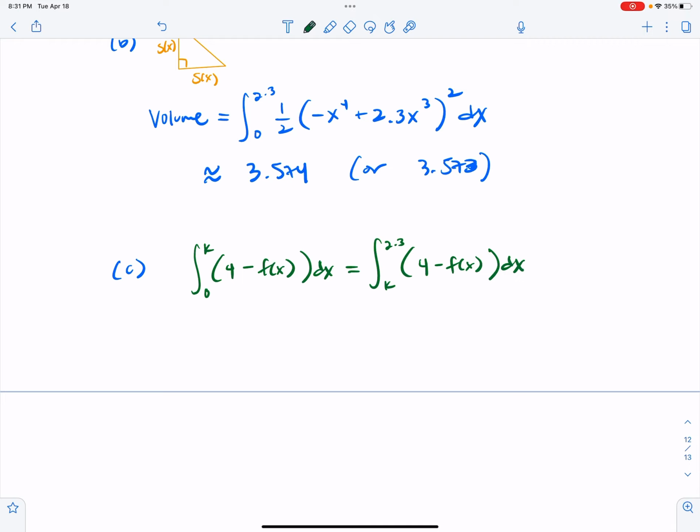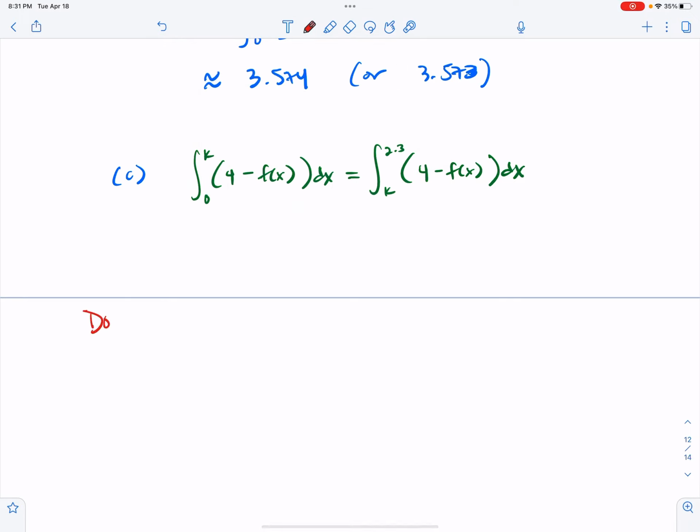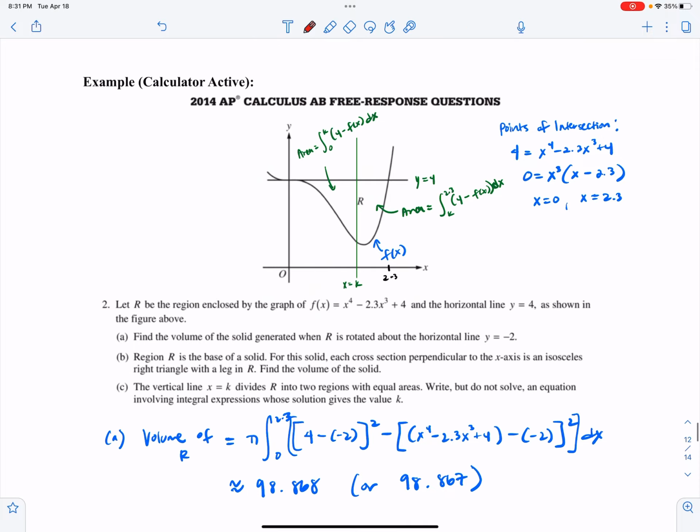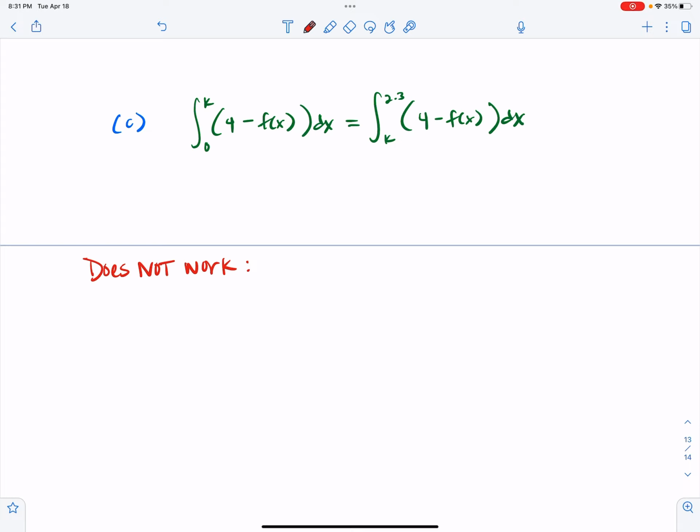Now, I will tell you, I slipped into the common mistake here. I'm going to write it in red as a do not do. Does not work. And I'll explain why. I was like, oh, well, we just want to figure out what k would be so that if we were to add up those two integrals that I just wrote, the integral from 0 to k of 4 minus f of x dx plus the integral from k to 2.3 of 4 minus f of x.